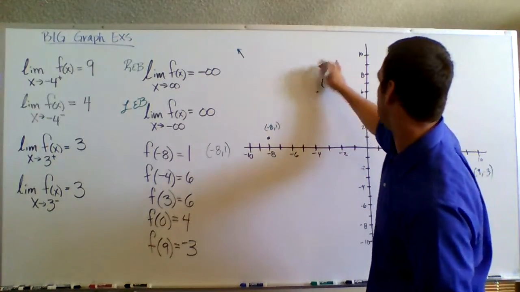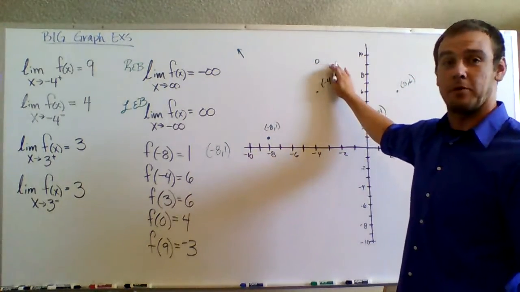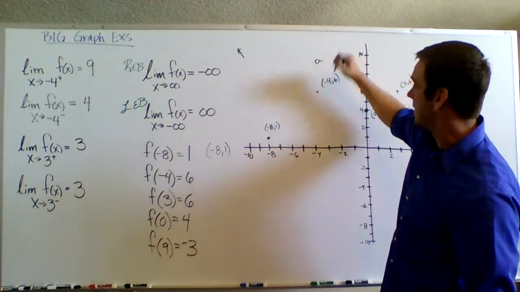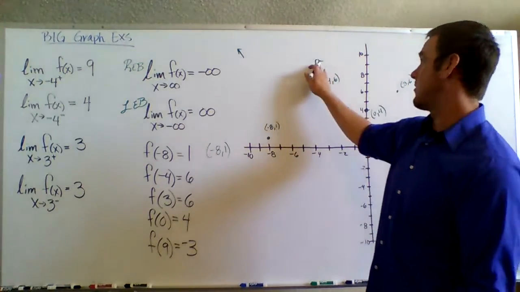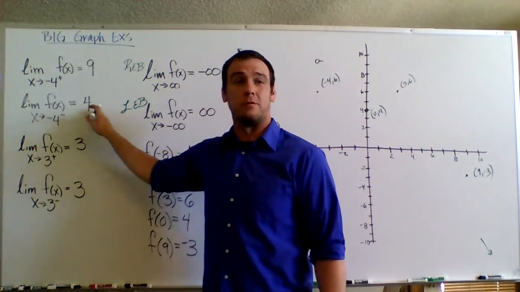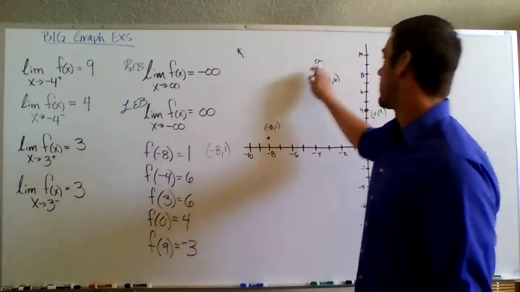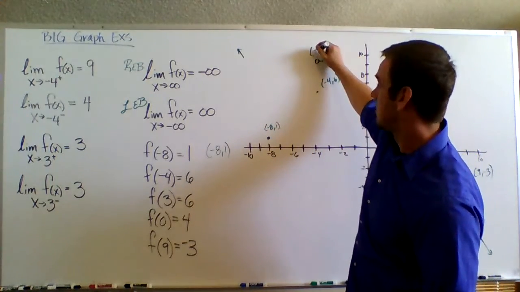So negative 4, 9. Okay, we said we're approaching that from the right, so what I do is I just draw a little tiny line coming from it. Okay. I did not draw one from the left because as we approach negative 4 from the left, we're going to approach 4. So I'm just going to label this really quick. This is going to be negative 4, 9.